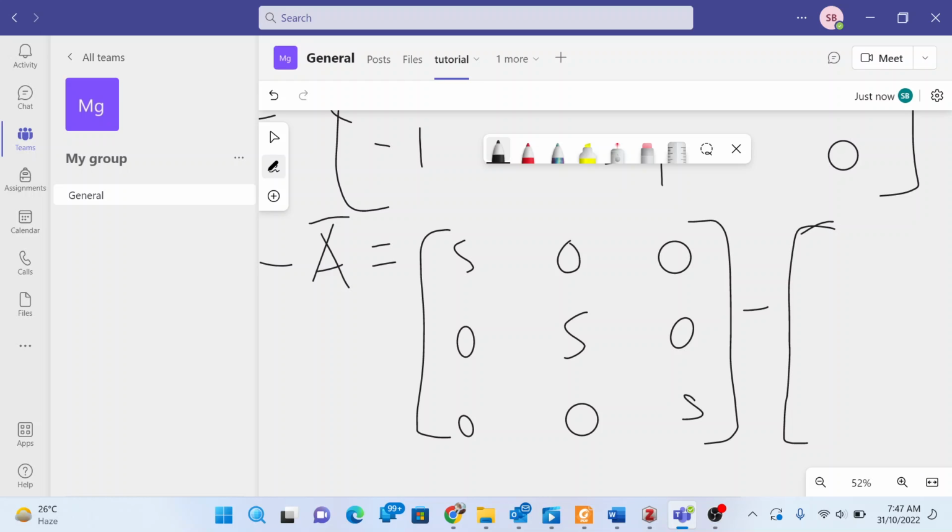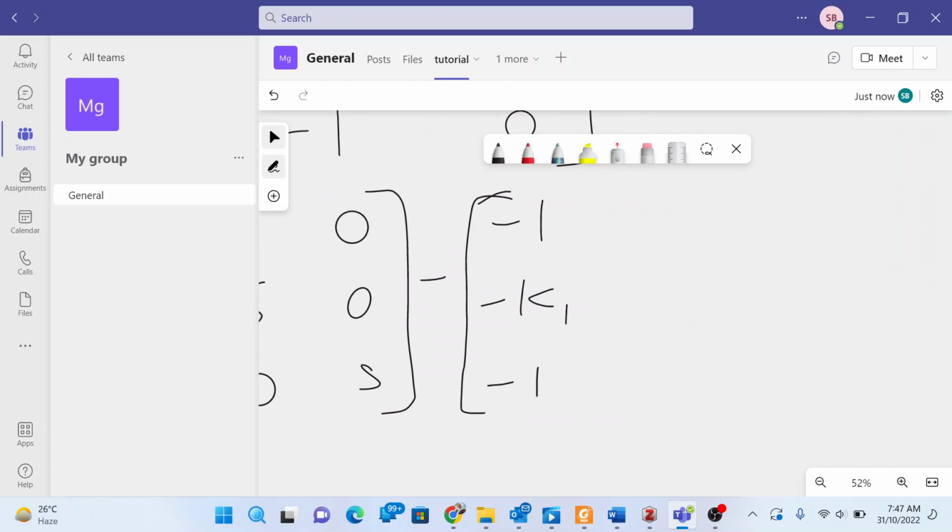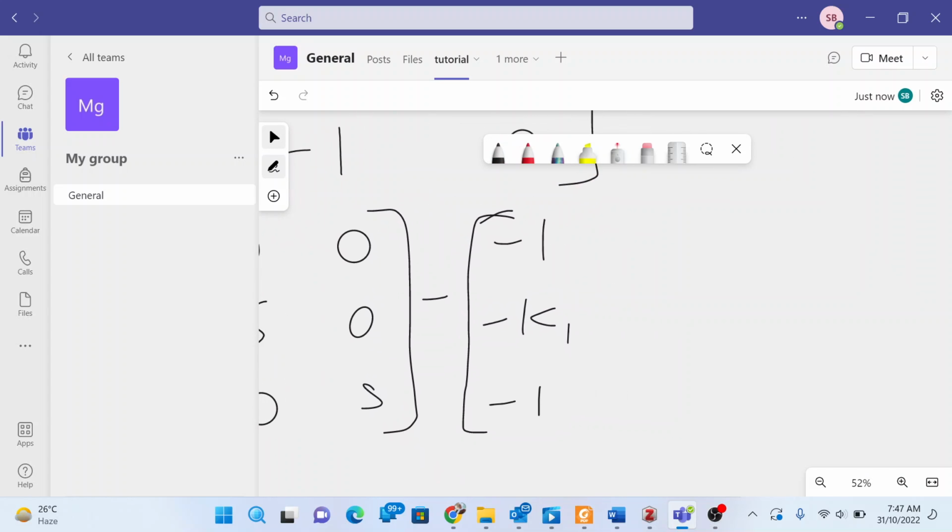So we'll put that there too. This is minus 1, minus K1 and minus 1. Then the middle row: 1, 2 minus K2 and minus 1, then 0, KE and 0.